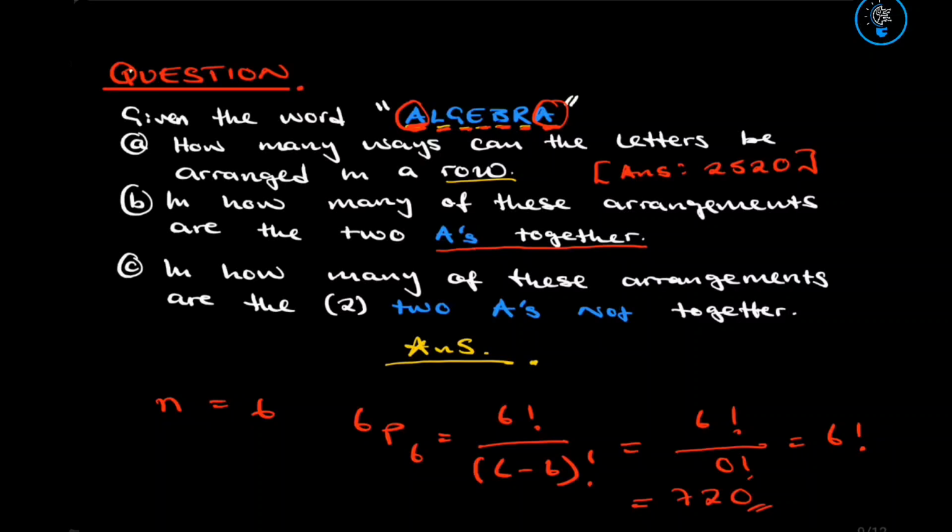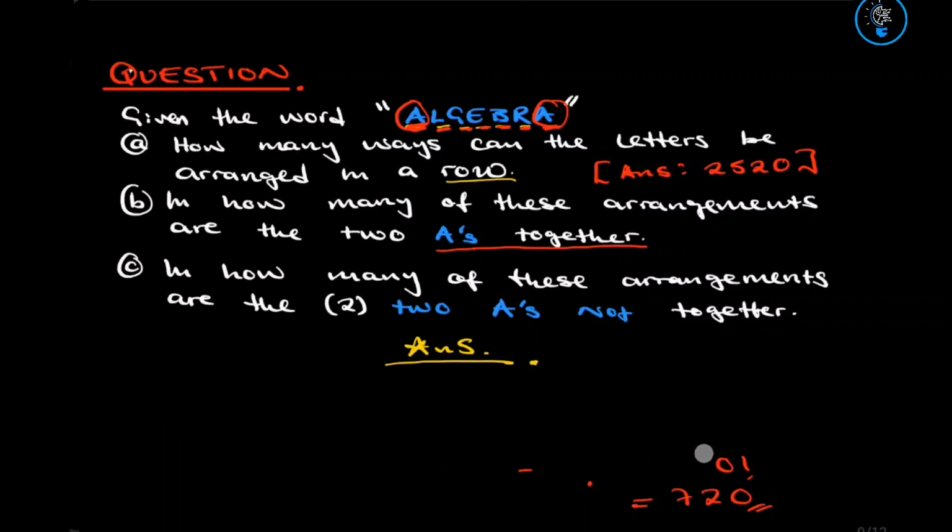Okay, so that will be your answer on part B. Okay, let's now dive into the last part. So the last part reads, in how many of these arrangements are the two A's not together?